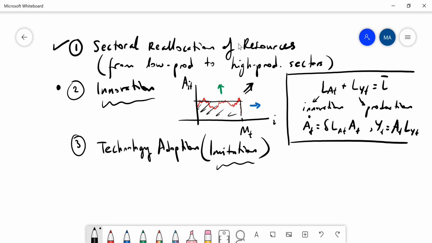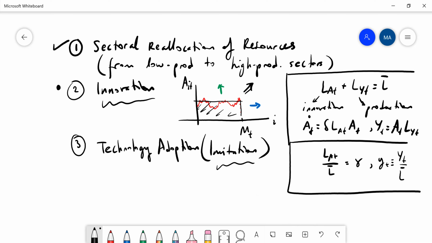So once you know what fraction of labor is allocated to innovation, then you know the growth path of the economy. Once you know the growth path, you define Y_t in this way, right? So you then understand the growth rate of output per worker.